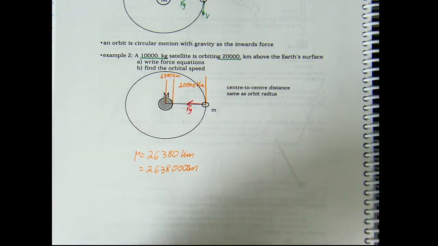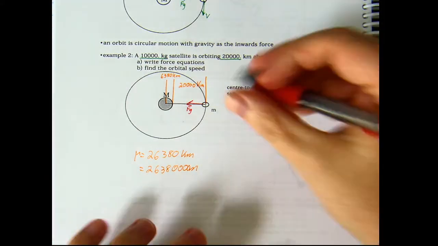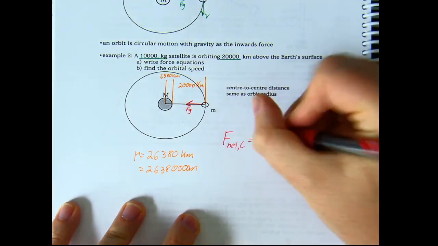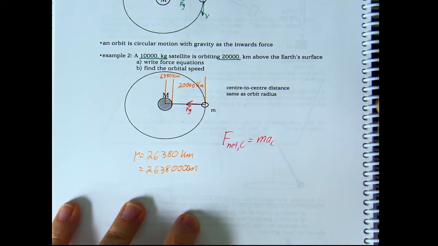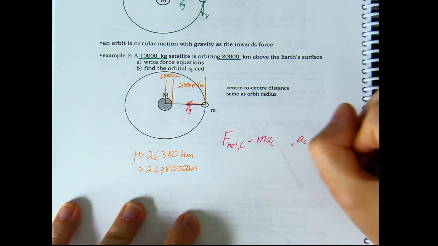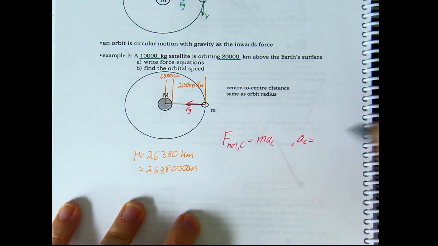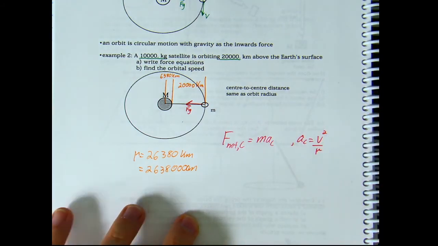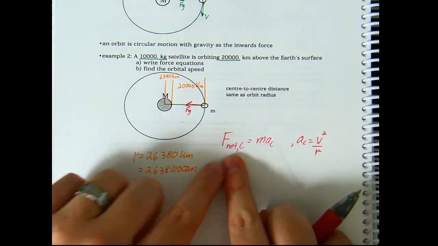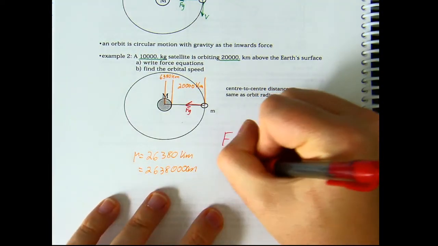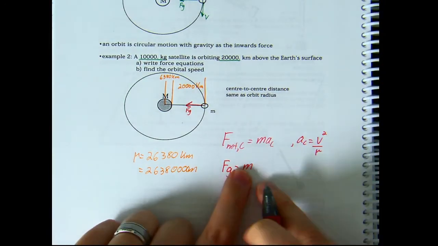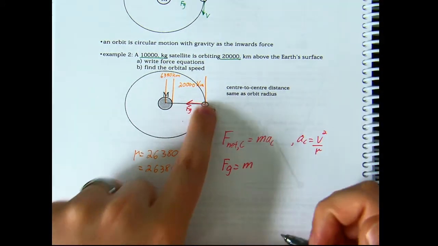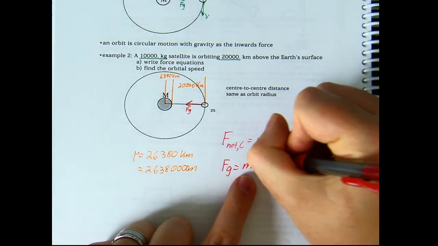So if we use our circular motion equations on this situation, we're going to get something that looks like this. We're going to have F net C equals m a C, and we know that the acceleration for an object moving in uniform circular motion is given by v squared over r. So the only force inward is Fg, so we're going to get Fg equals m, that little m is the smaller of the two objects, the object actually doing the moving, v squared over r.